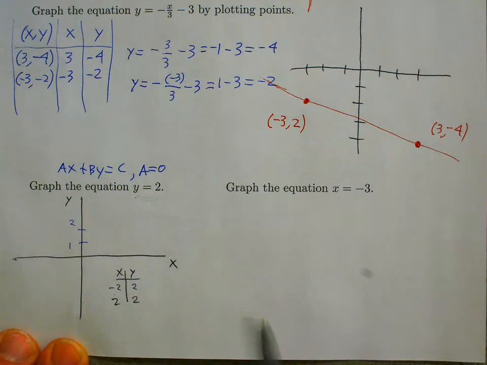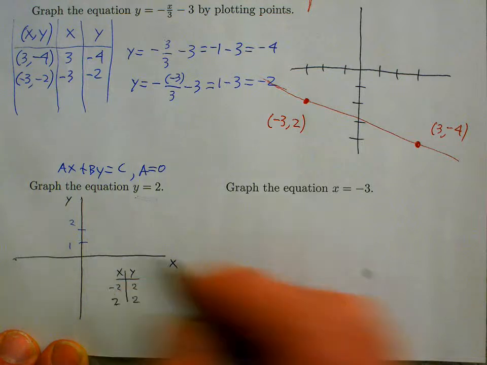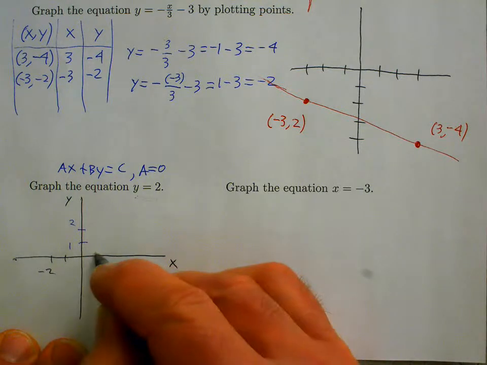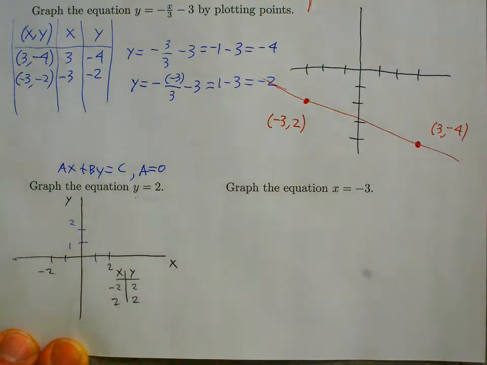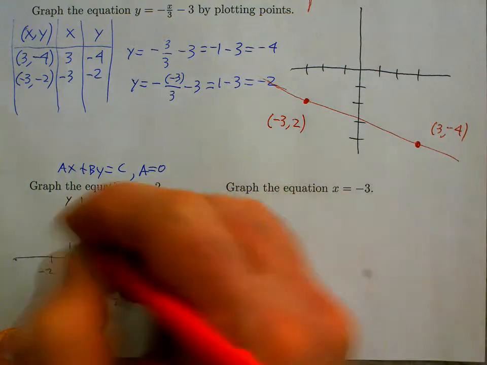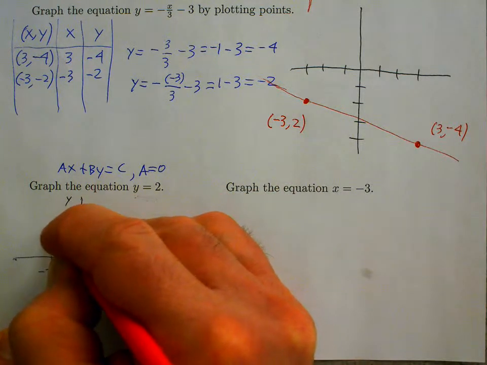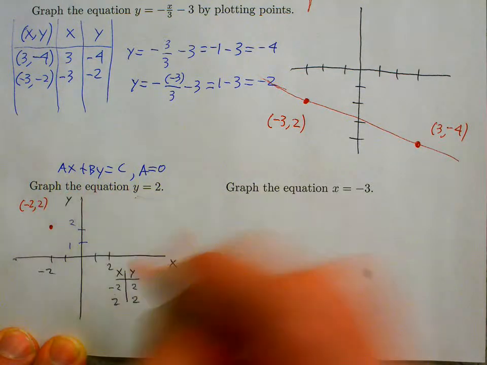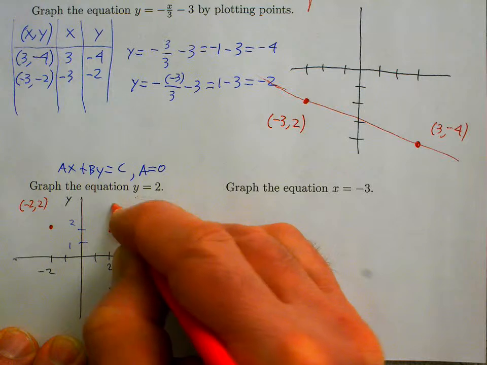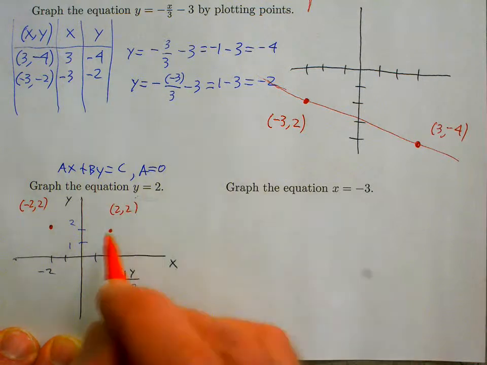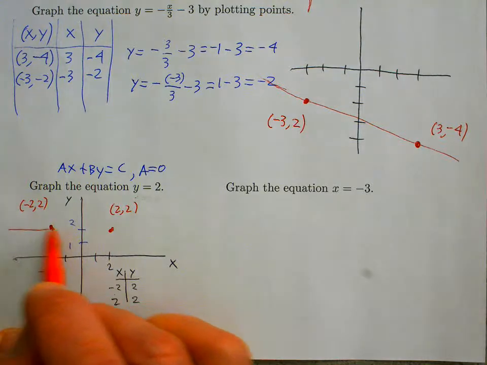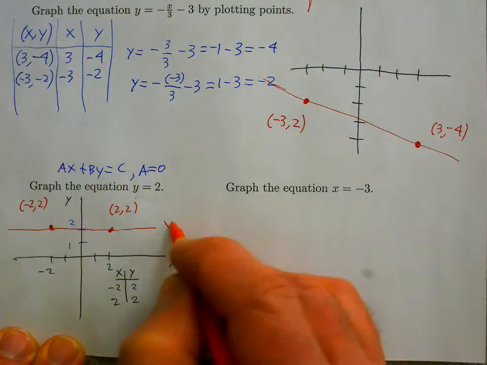So if we plot those ordered pairs, -2, 2 and +2, 2, what kind of line do we get? Well, this is supposed to be a horizontal line.